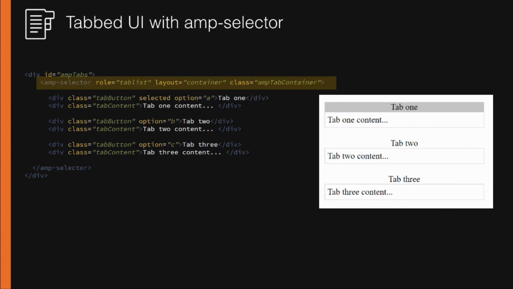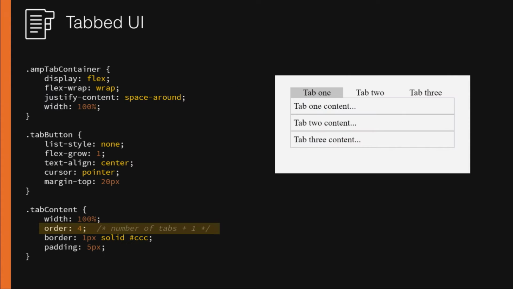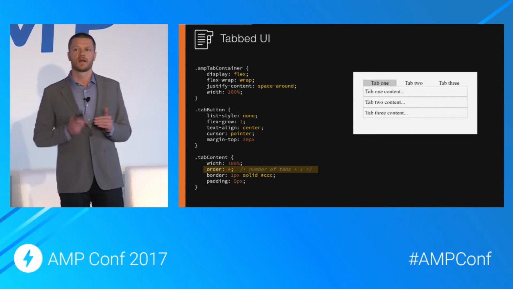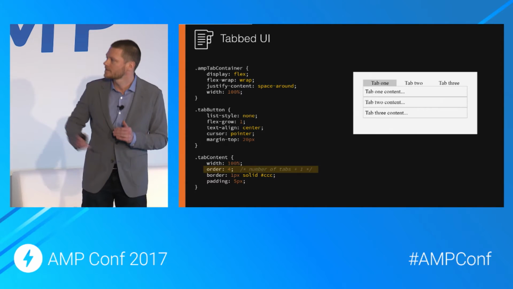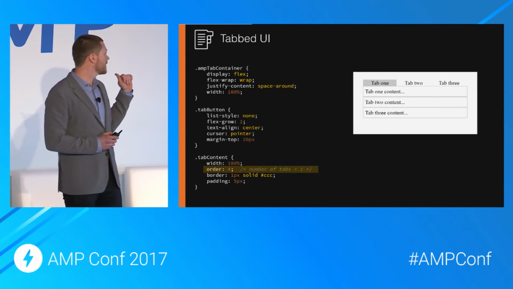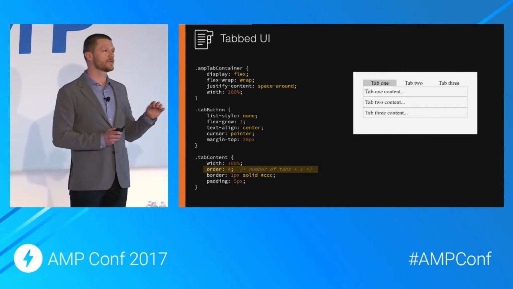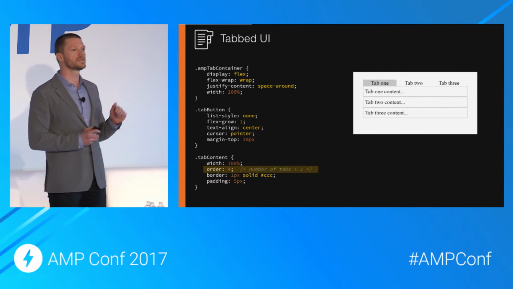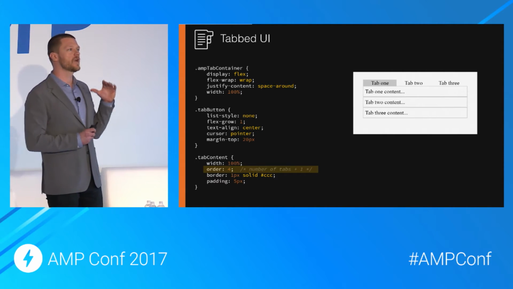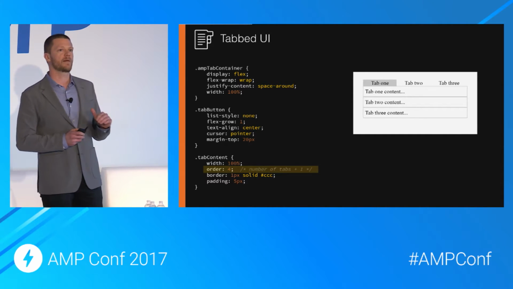However, by adding just a bit of CSS, we're using Flexbox here, which we love and use in a lot of our AMPs, we can move all of the content blocks below all of the divs. The key here is the order property of the Flexbox that we're applying to the content divs, which moves all of the content elements below our tab elements.